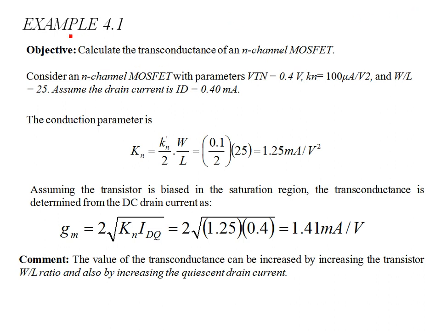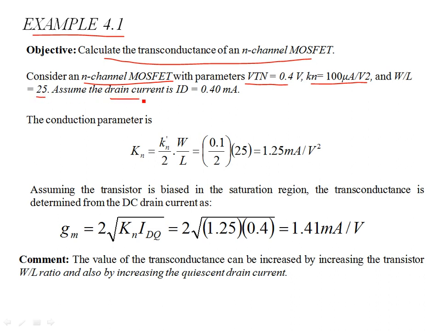Now, this is example 4.1 from the course text. It says to calculate the transconductance of an n-channel MOSFET. The parameters given are: threshold voltage is 0.4 volts, the electrical conduction parameter Kn prime is 100 microamps per volt squared, and the W by L ratio is 25.